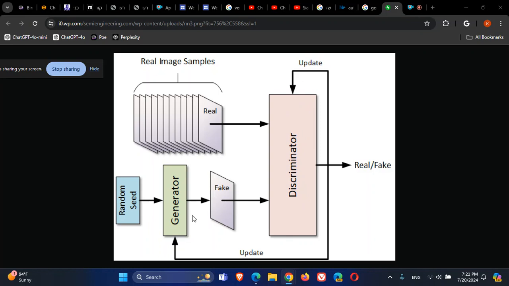So the generator creates images, processes them through the discriminator, and when the discriminator says that they are fake, it's like a loss function that is higher. We're expecting to get real. If the discriminator gives us fake, the loss function would be higher, because we want the label to be real, but we got fake.